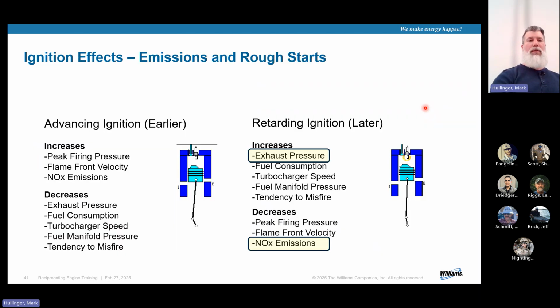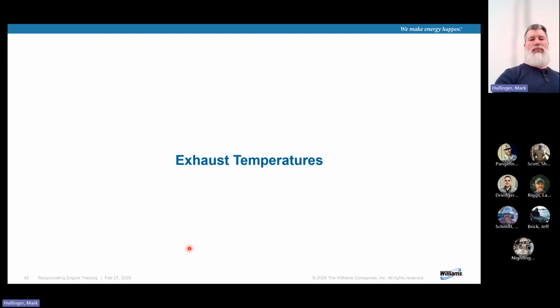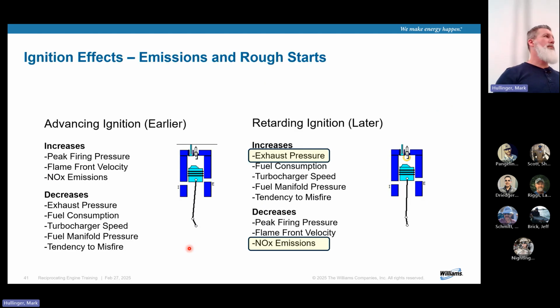So here's just a list of what happens. When you retard it, exhaust pressure increases and your NOx emissions decrease. If that's what your permit is, do that with your Testo beforehand so you know how much of an increase or decrease you're going to get. By retarding, you're putting more heat to the turbo, more air to the turbo, more energy to the turbo, more flow.